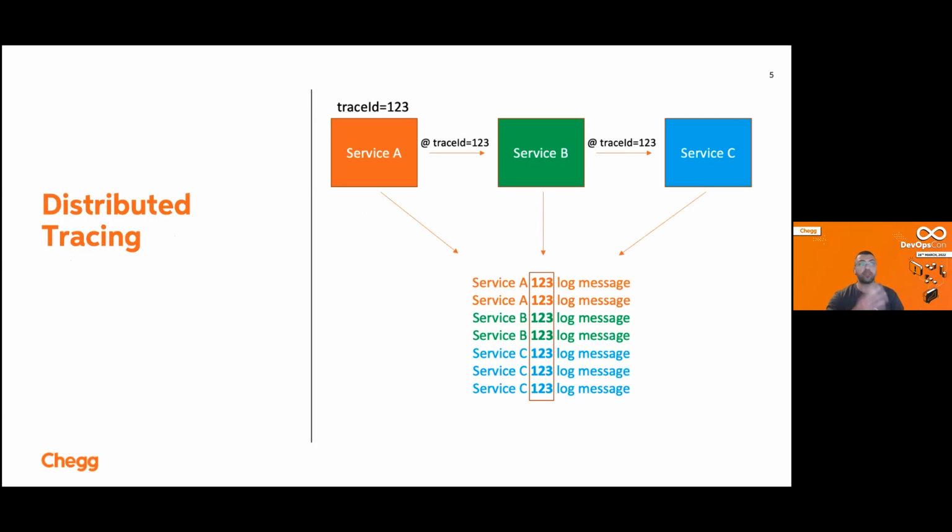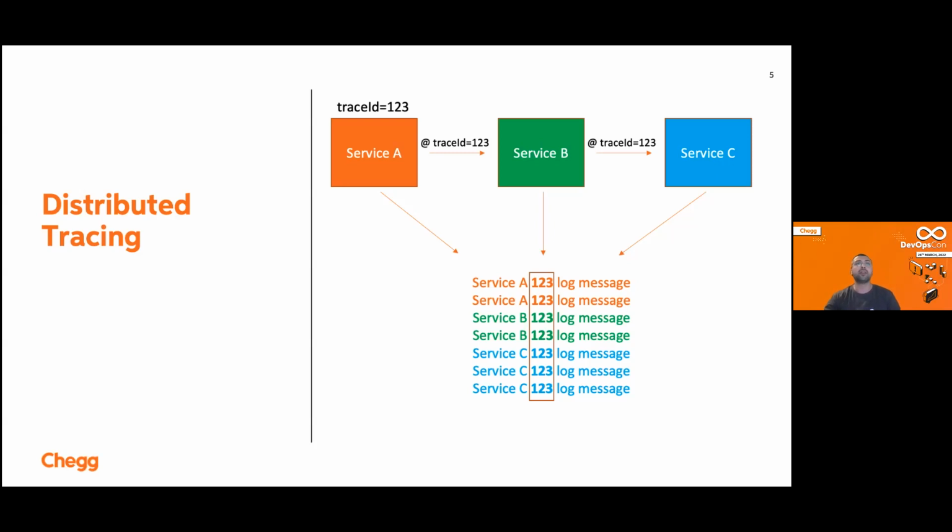The first service, A, will generate the trace ID, and every log message will contain the trace ID. And then when it sends a request to service B, it will send the trace ID in a header, let's say it's a REST service, and service B will log all the logs using the trace ID also. And the same thing for service C and so on.